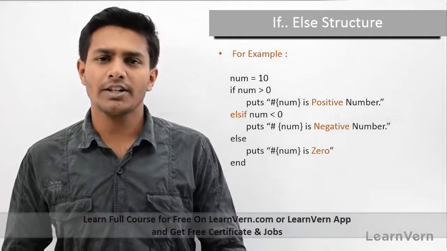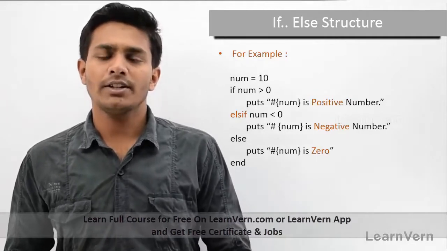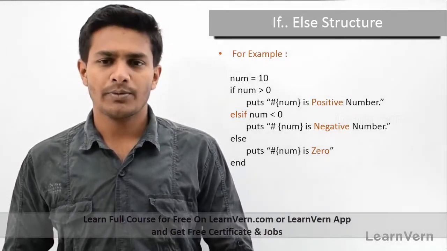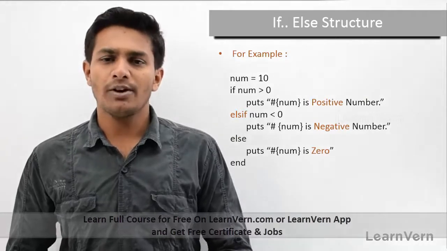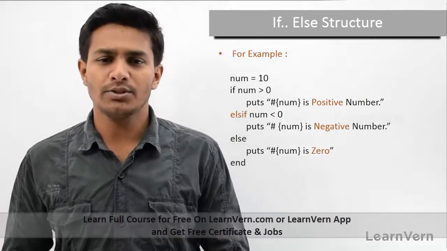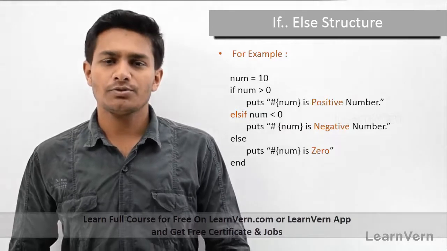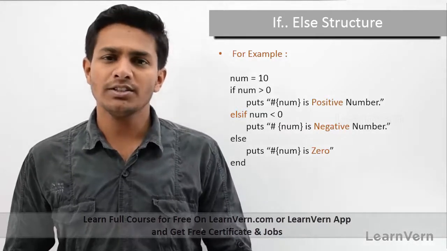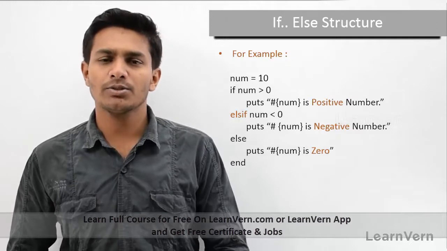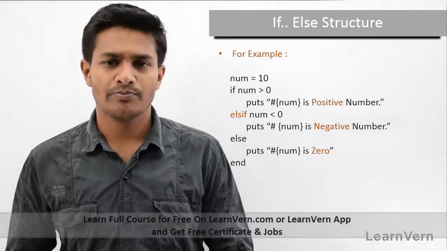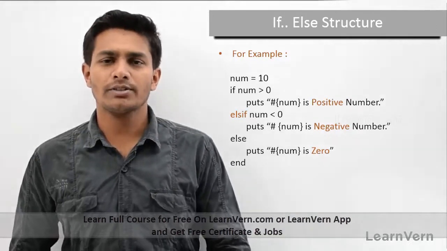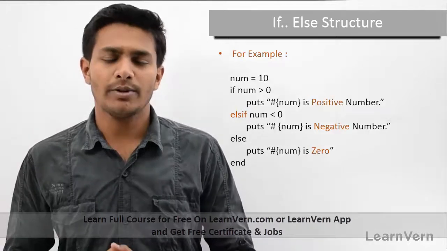If that condition is satisfied, we can say the number is negative. And in the else portion I have defined the number is 0. So this means if the number is not greater than 0 or less than 0, then it's 0. So this is how we can work with the if-else statement.